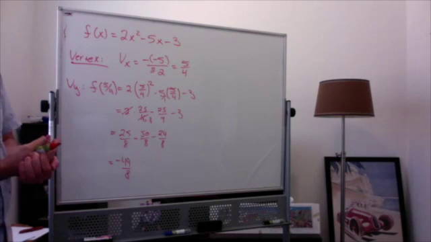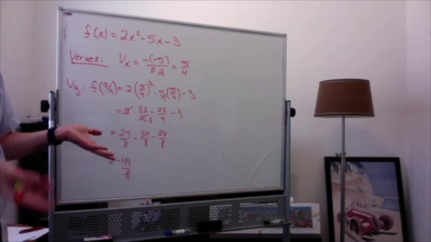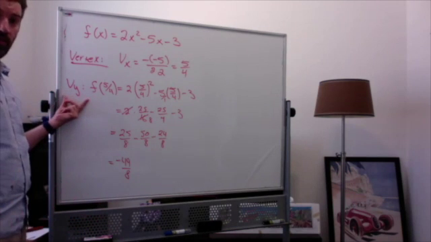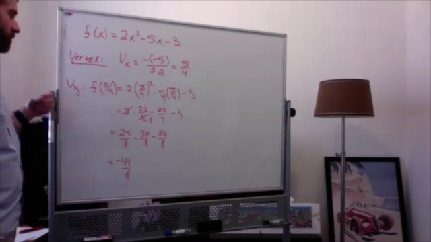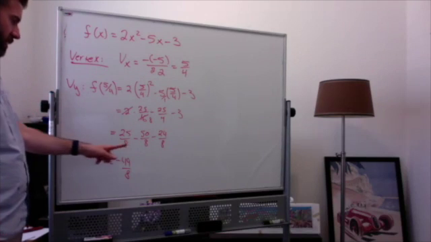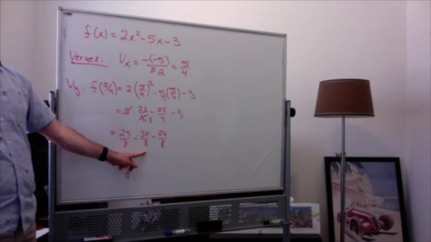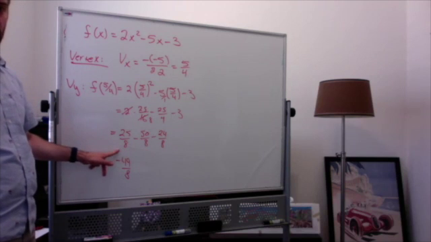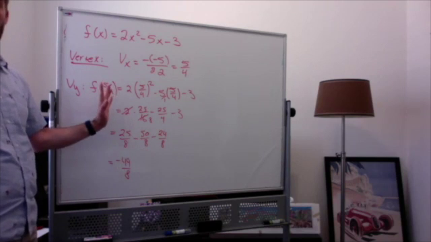Something I've noticed, and this might help you, it might not, is when you're finding the y coordinate of the vertex, what is always going to happen is that the first thing and the second thing are always going to be opposite signs. And the second thing is always double the first thing. It's always true, right? It was true in the last example.